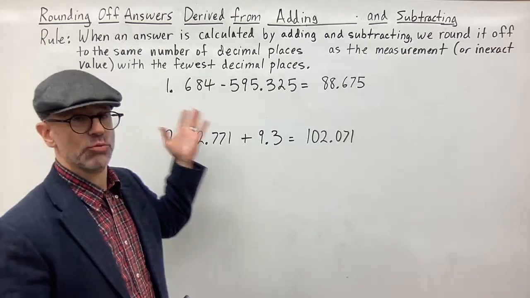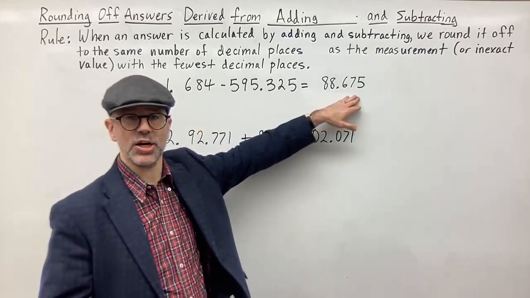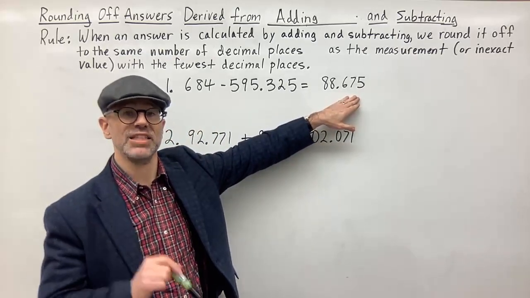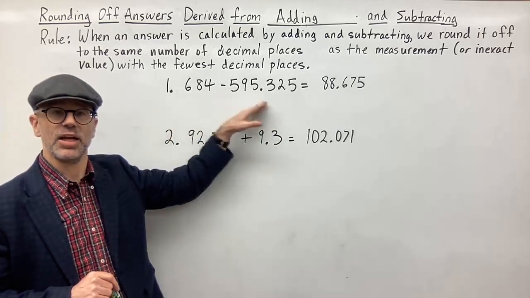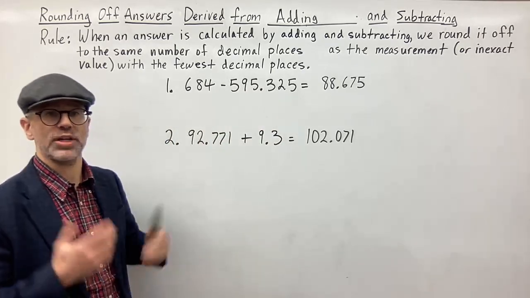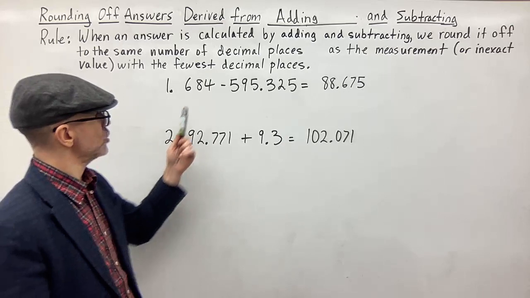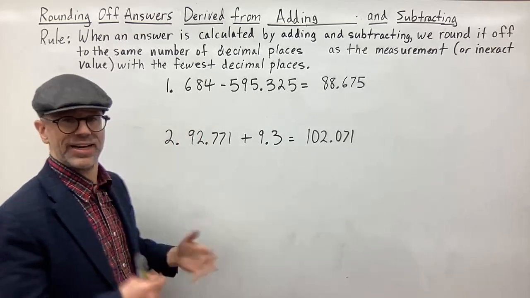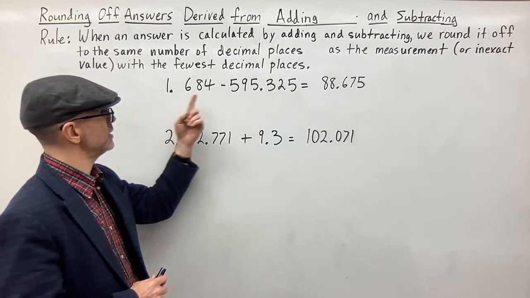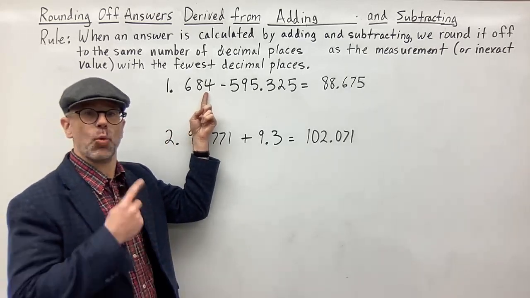According to the rules, my answer here should have the same number of decimal places as the least number of decimal places in the measurements that I subtracted. Here I have no decimal places, or another way to think about it is the last significant digit is in the ones place.